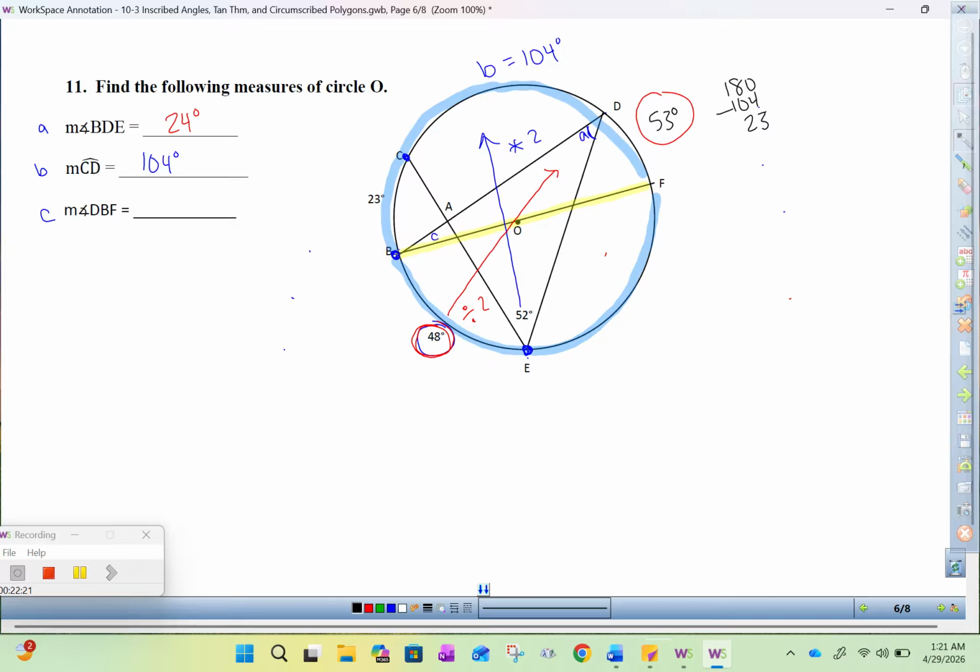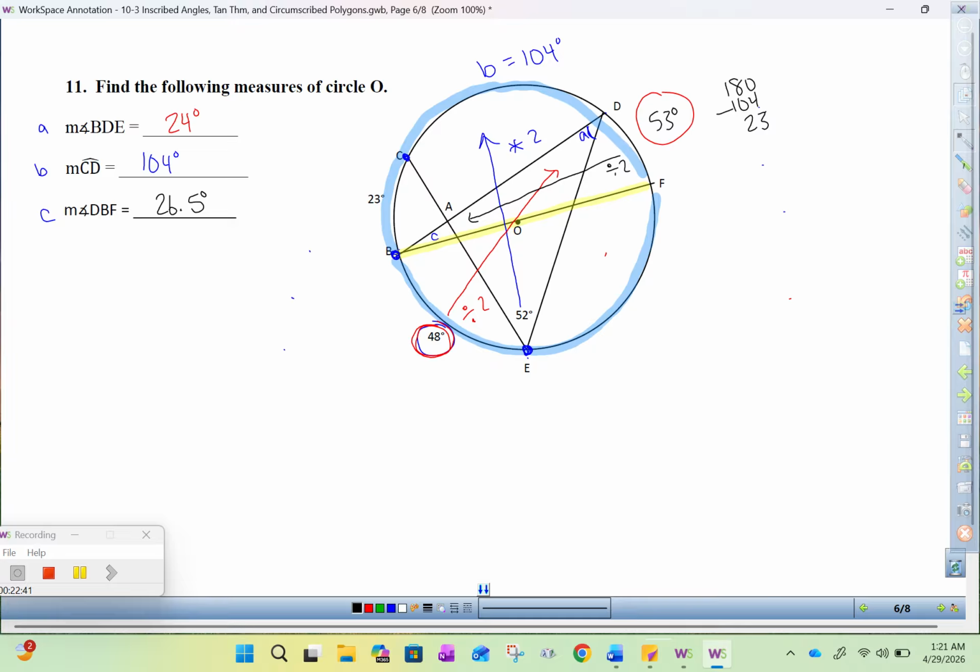Now, that wasn't labeled with an answer. I need to find C, which is across from it. So if I'm starting outside and moving inside, I'm going to divide by 2. And this one's weird because it's our first odd number we've seen. But we're still going to get a decently nice number. It's going to be a 0.5. But 26.5 degrees, that's as ugly as it's going to get for these answers.